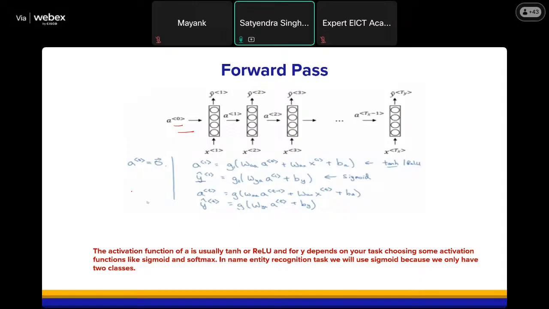So, given those weight matrices, how do you formally define the output? For example, let's say we talk about A1. A1 is nothing but the weight matrix WAA multiplied with the previous context vector or state, plus the weight matrix between the input and the hidden, WAX, multiplied with x1.